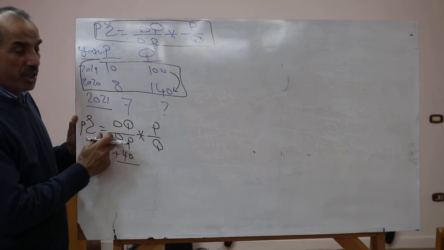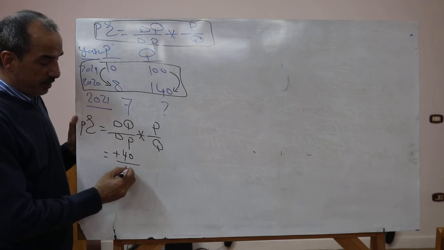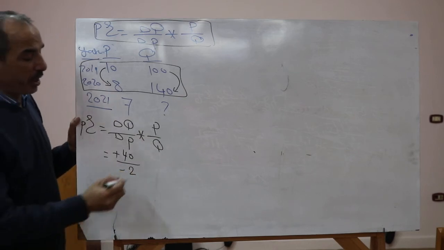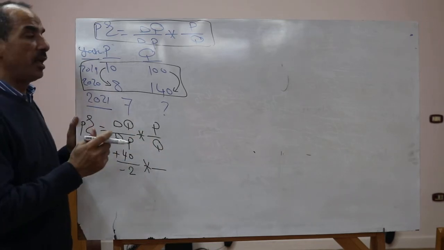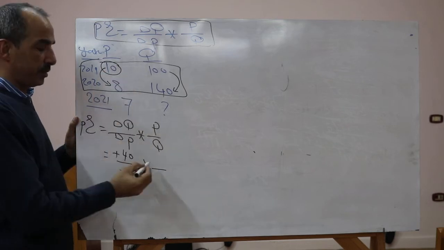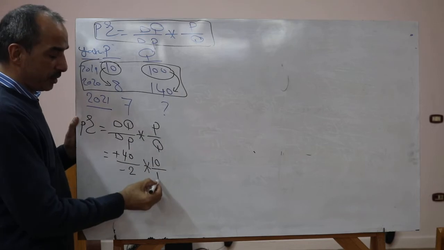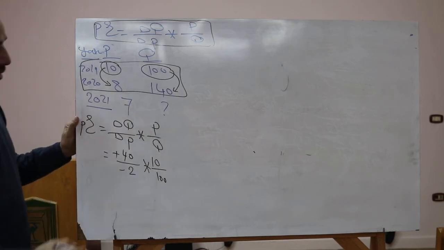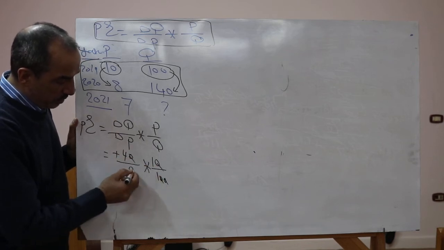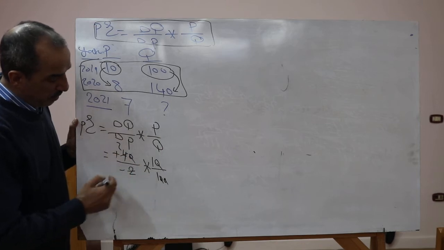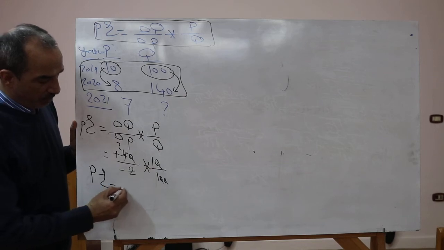The change in price: the price decreased from 10 to 8, minus 2. Times price before change, equals 10, over quantity before change, equals 100. Price elastic equals minus 2.